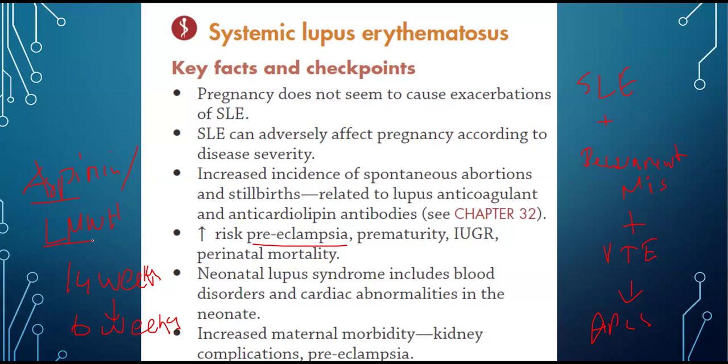Okay? It's also applicable for any patient at high risk of deep vein thrombosis or pulmonary embolism. Like someone with a history of recurrent deep vein thrombosis who is pregnant, you would be putting them on low molecular weight heparin most of the time, from 14 weeks until 6 weeks postpartum.